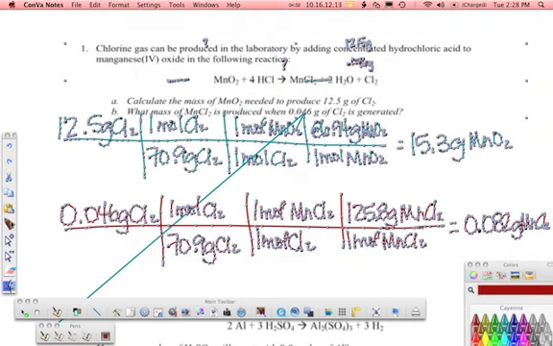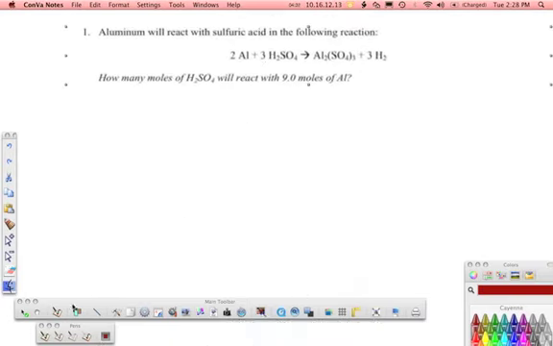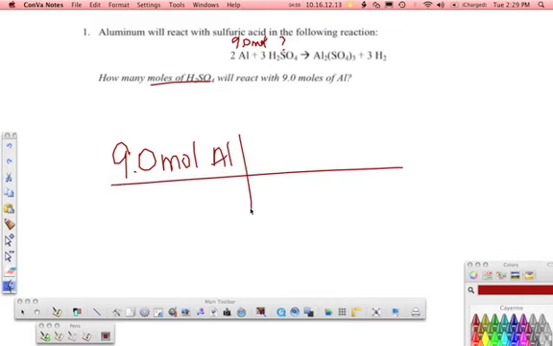All right, last question. Super duper easy. They want to know how many moles of H2SO4 will react with 9 moles of aluminum. So a mole to mole conversion, 9 moles of aluminum.